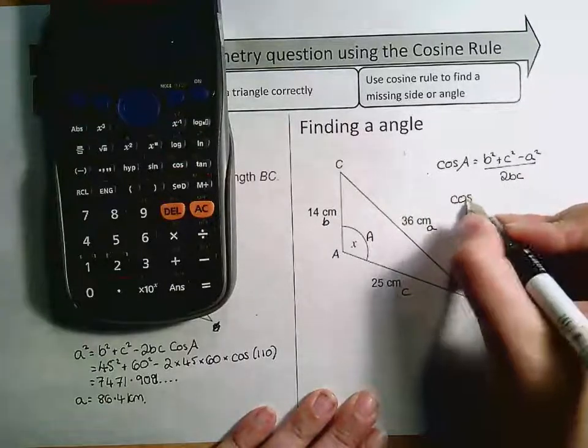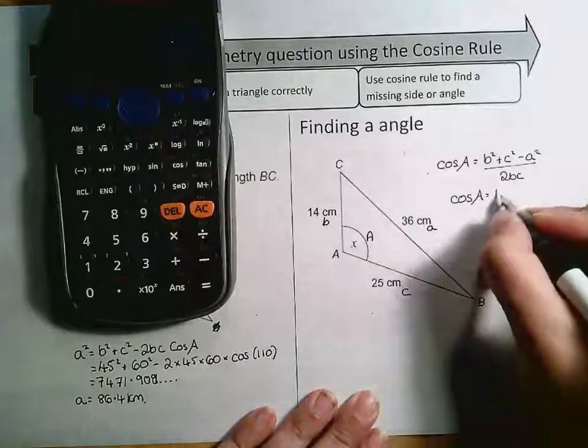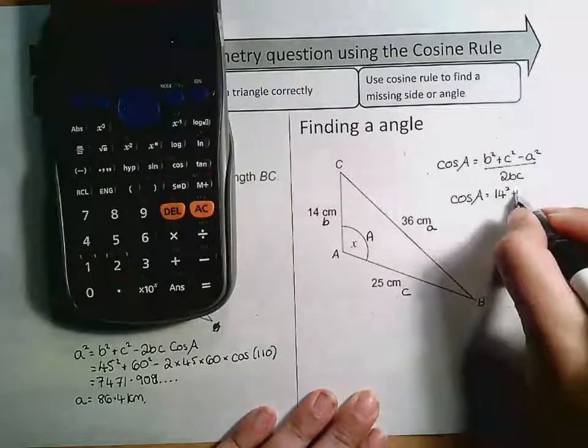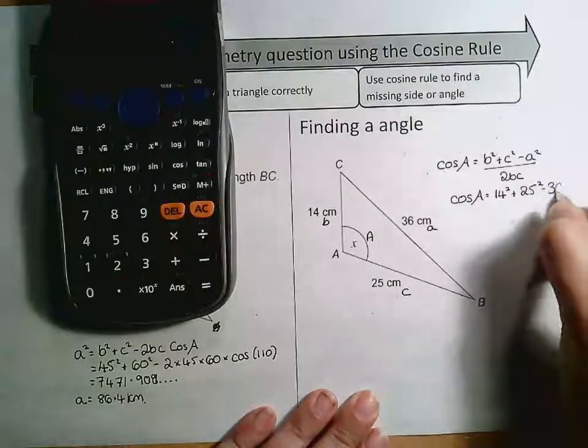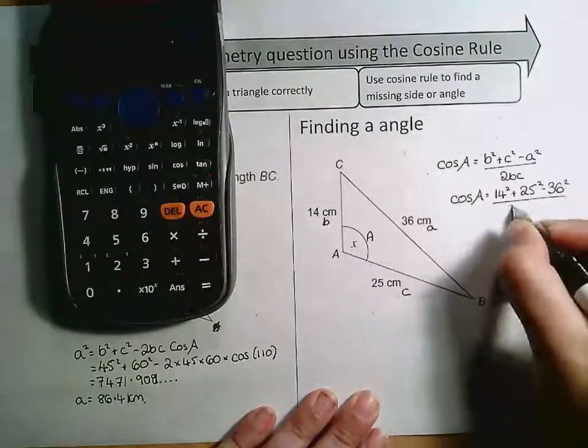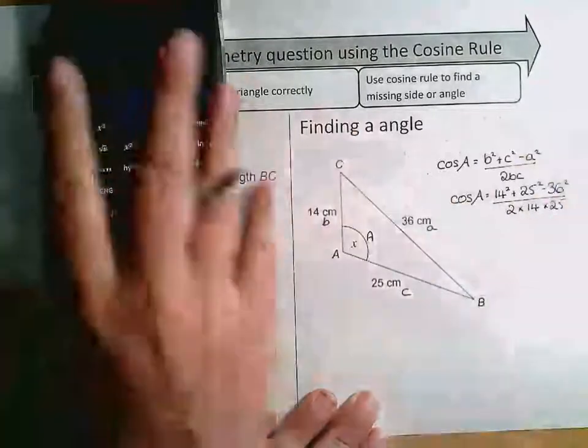I'm going to put all the numbers where they should go in the equation: 14 squared plus 25 squared minus 36 squared, all over 2 times 14 times 25.